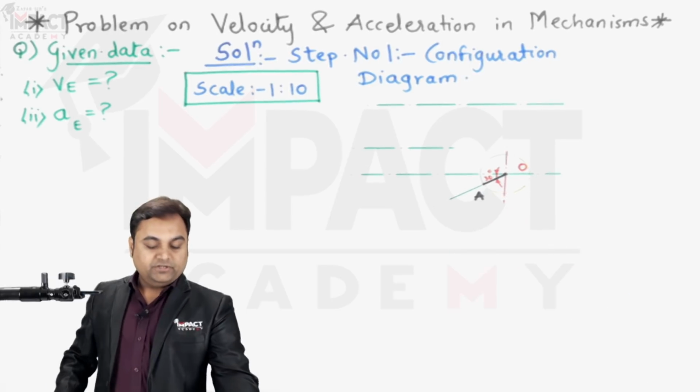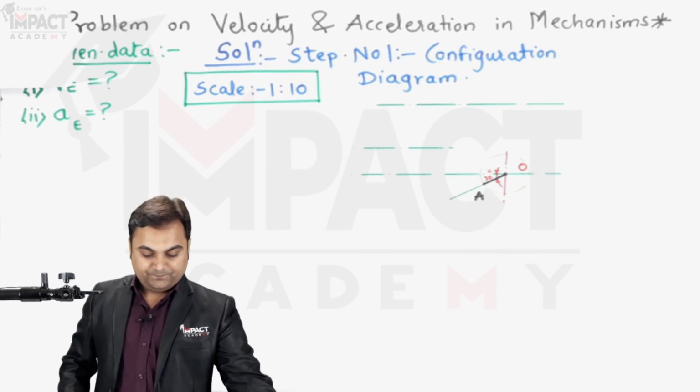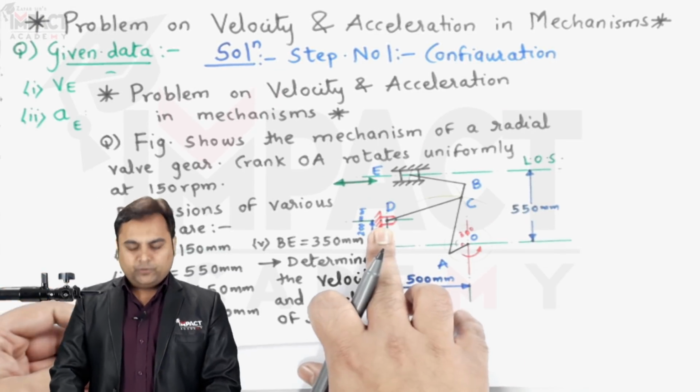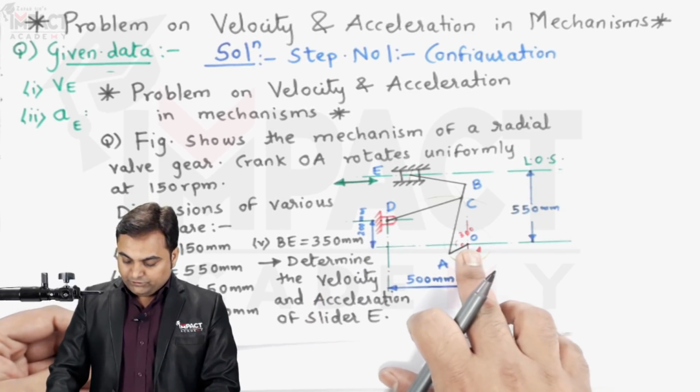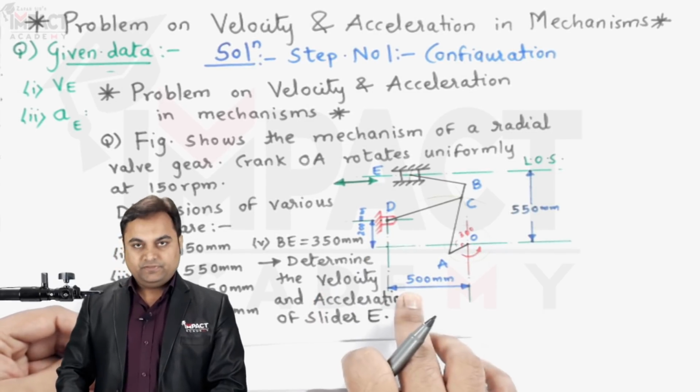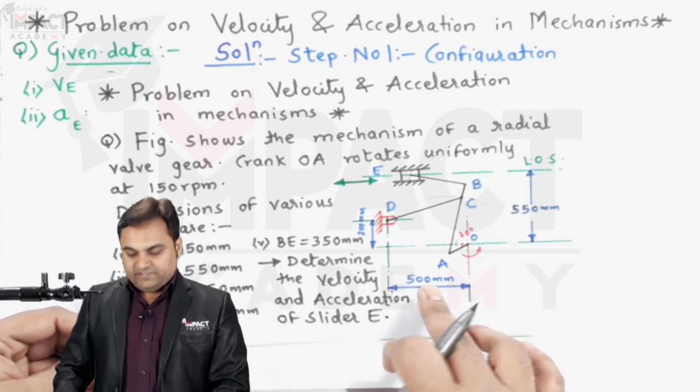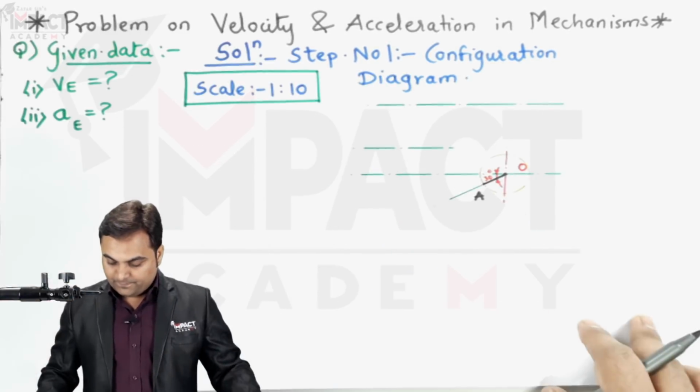Now after drawing the crank, the next step would be I locate this point D, and from point O it is at 500 mm, that is when I divide it by 10 it comes out to be 50 mm.